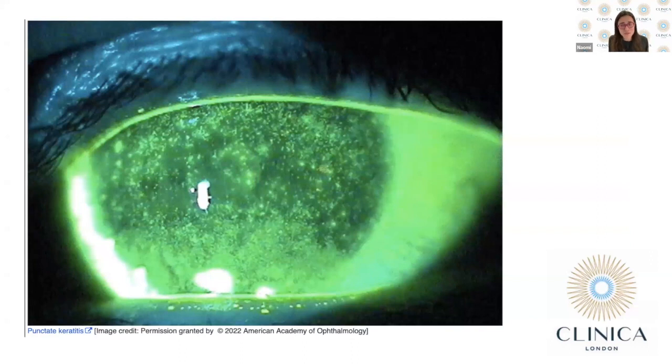Sometimes you can be surprised when you put some fluorescein in. The eye may be not very white, but not very red either, and you can sometimes find that there is really marked punctate staining, causing the child to have that chronically uncomfortable eye.